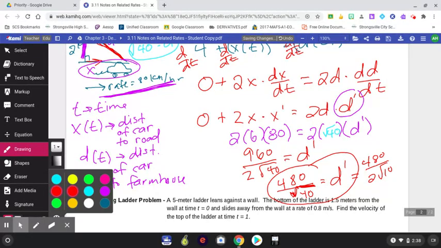I could leave it like this, or I could say that this is 240 divided by square root of 10. I have options. And then finally, I should put a label on this. This is going to be kilometers per hour. It's still a length, not an area, so I don't need squared. Kilometers per hour is the rate at which that is changing. Okay, on to the next video.